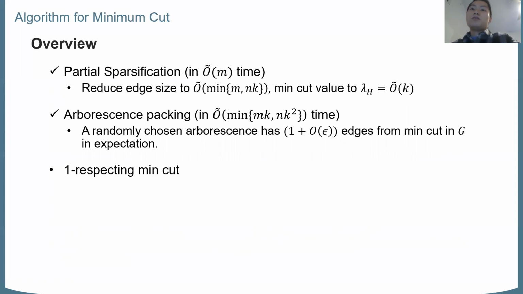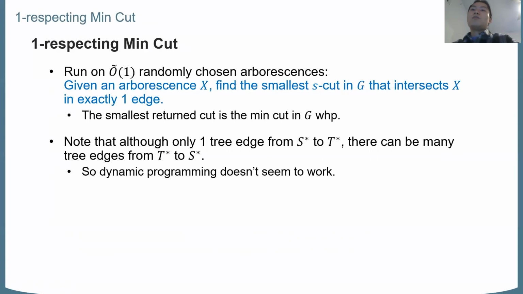Such a tree is called a one-respecting tree. So we only need to solve: given an arborescence X, find the smallest S cut in G that intersects X in exactly one edge. We will run this on log n randomly chosen arborescences, and the smallest returned cut will be the min cut with high probability.